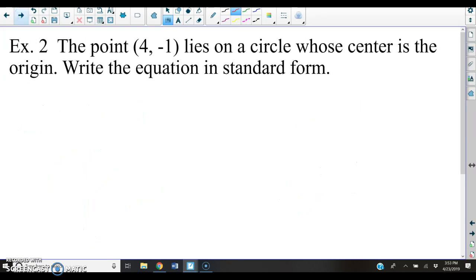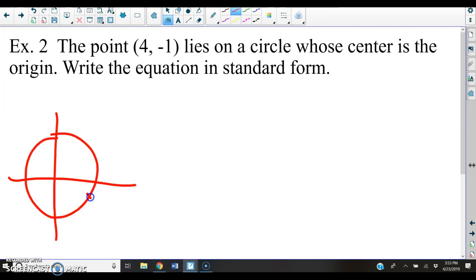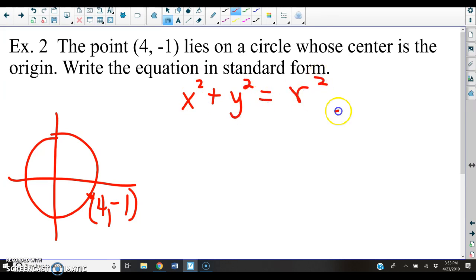Okay, so here's another way you could do it. Write your equation. Well, the center is at the origin, and the point (4, negative 1) is on my circle. So far I know that I have x squared plus y squared equals radius squared, but I want to figure out what radius squared equals.